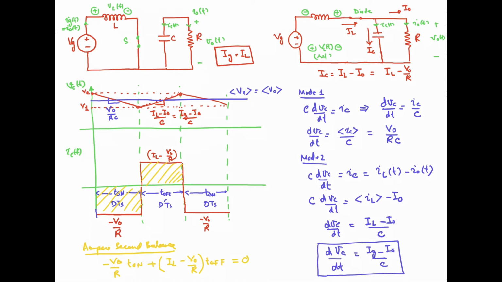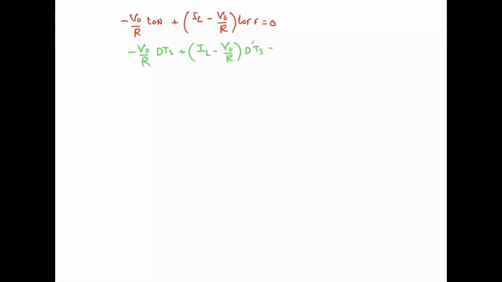So now let's expand this one by taking the value of T on and T off, and we can write it like this, that is minus V naught by R into T on plus IL minus V naught by R into T off, that is equal to 0, and the T on is equal to dTs. So I can write it minus V naught by R into dTs plus IL minus V naught by R into D prime into Ts.